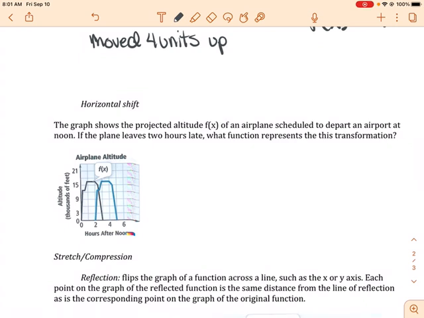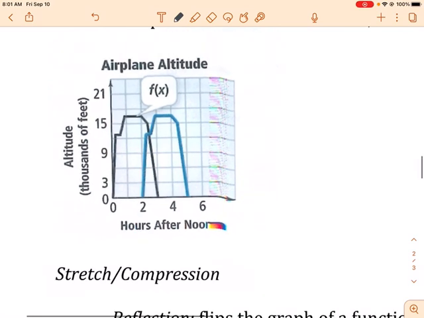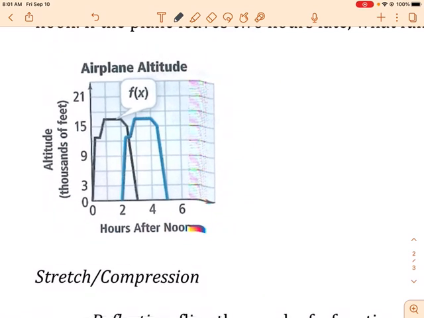If the plane leaves 2 hours late, what function represents this transformation? All right, so let's think about this. If we're supposed to leave at 12 noon, but we don't, and we leave 2 hours later, notice that we shifted 2 hours to the right.